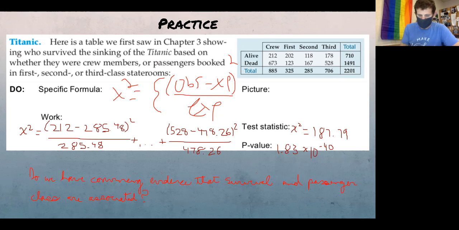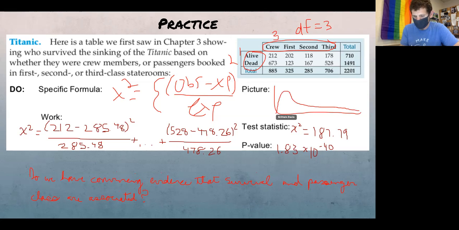The picture, because we have 3 degrees of freedom, which is going to be, this is 4, so that's basically 3 times 1, which gives us 3 degrees of freedom. Because of that, our curve is going to have more than a little bit of a curve.